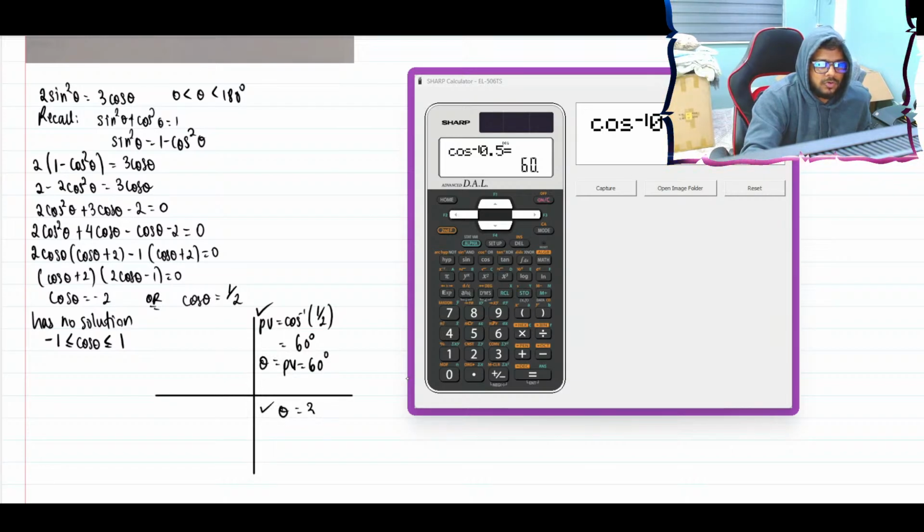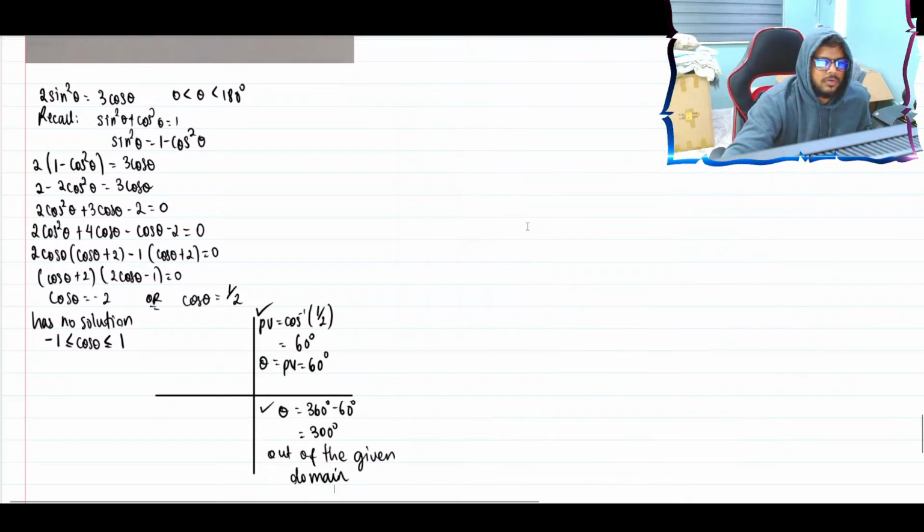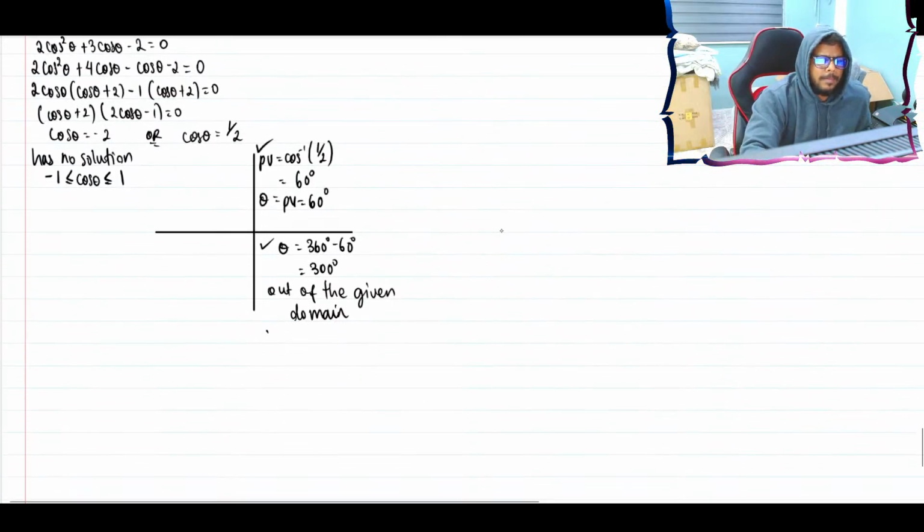In quadrant 4, it is 360 minus 60 degrees, which is 300 degrees, and this is out of the given domain. Therefore, theta is 60 degrees only for the given domain.